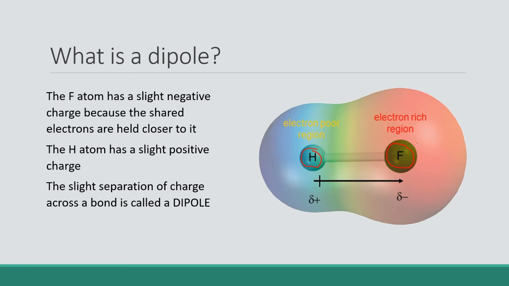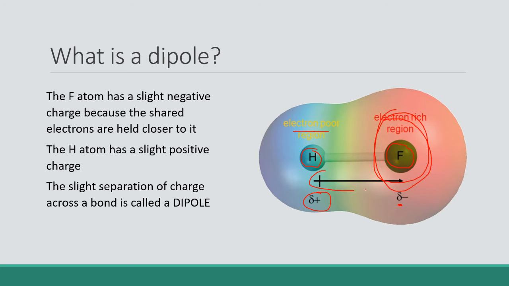Now the fluorine is a lot more electronegative, and so the electrons are going to spend more time down this side of the bond. So we use this little delta, which means slightly. It's not completely negative because then it would be an ionic bond. It's still a covalent bond, they're still sharing the electrons, it's slightly negative. And the hydrogen is then electron poor, so it ends up being slightly positive.